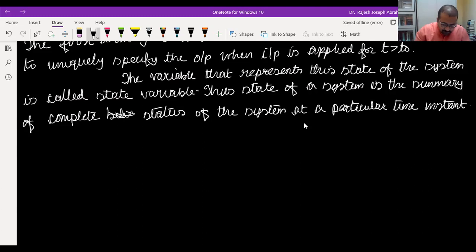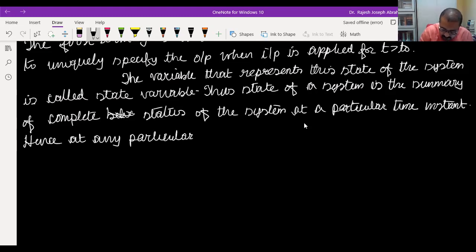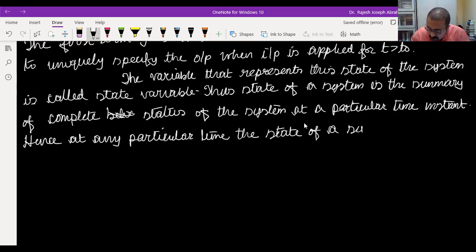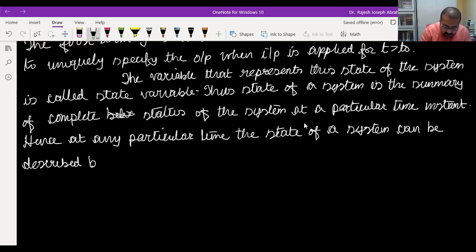Thus, at any particular time, the state of a system can be described by the values of state variables.